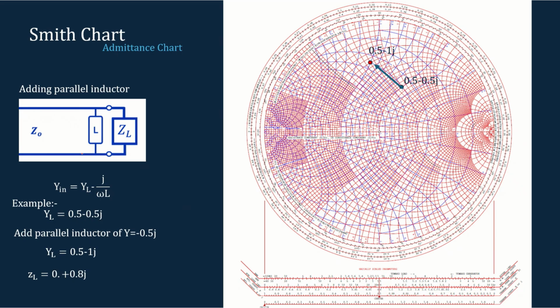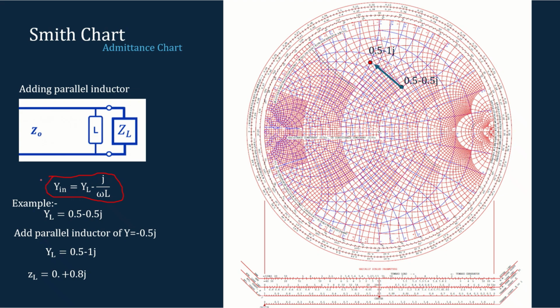Instead of using the impedance chart, we can use the admittance chart, because when that inductor is added in parallel, the total input admittance can be calculated easily, because it will be the sum of both the load admittance and the newly added admittance.